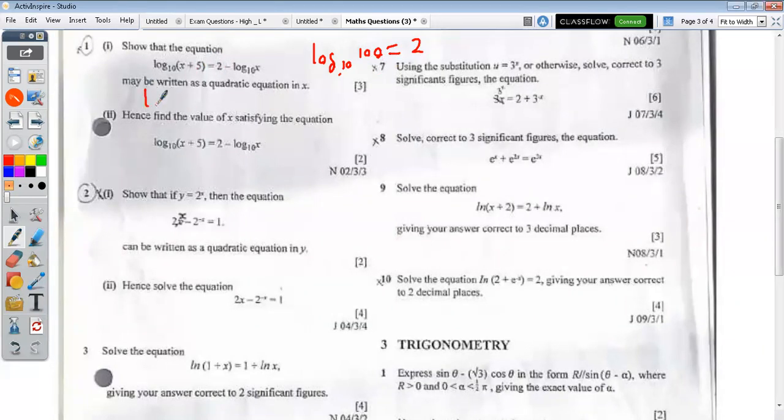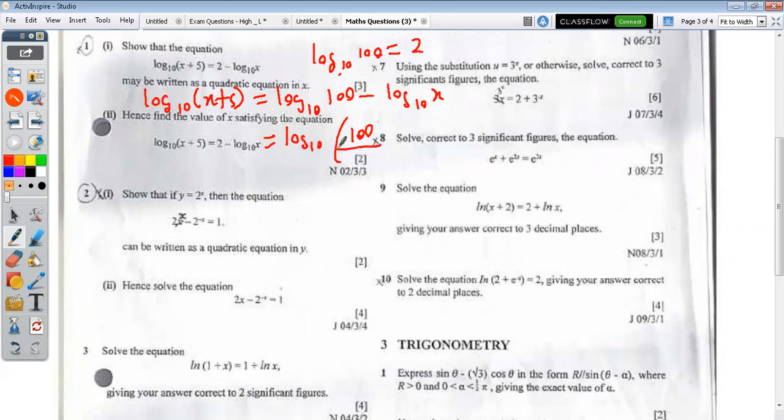So this becomes log to base 10 of x plus 5 is equal to log to base 10 of 100 plus 2 minus log to base 10 of x. But remember, if I am subtracting, this becomes log 10 of brackets 100 divided by x is equal to log to base 10 of x plus 5.